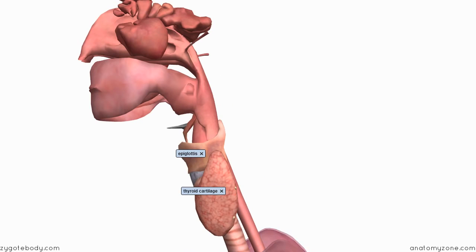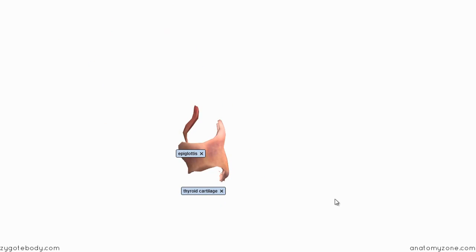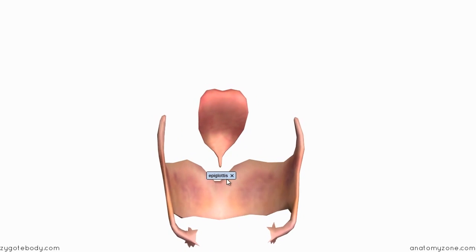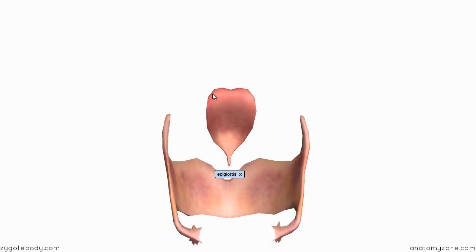So if we just isolate the epiglottis and the thyroid cartilage, we can have a look at the relationship of these two structures. So firstly, you can see the shape of the epiglottis. It's got this kind of leaf shape, and then it's got this stem.